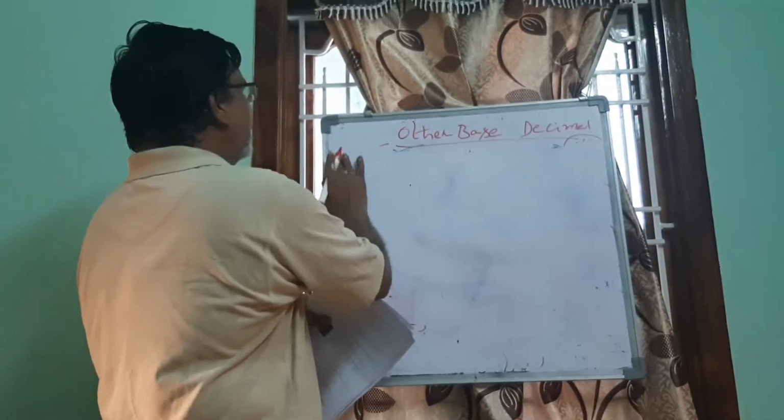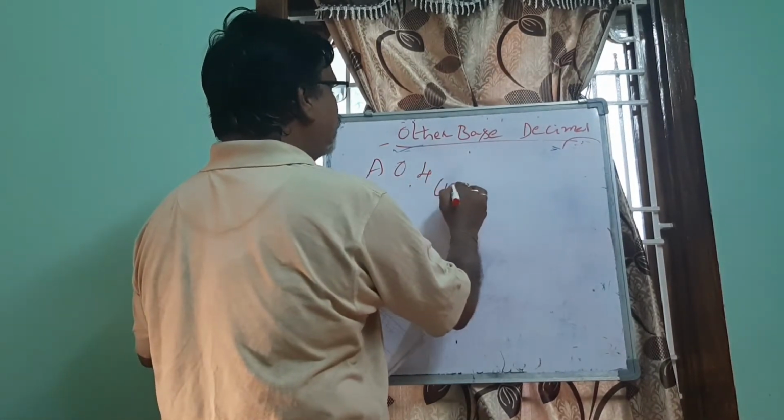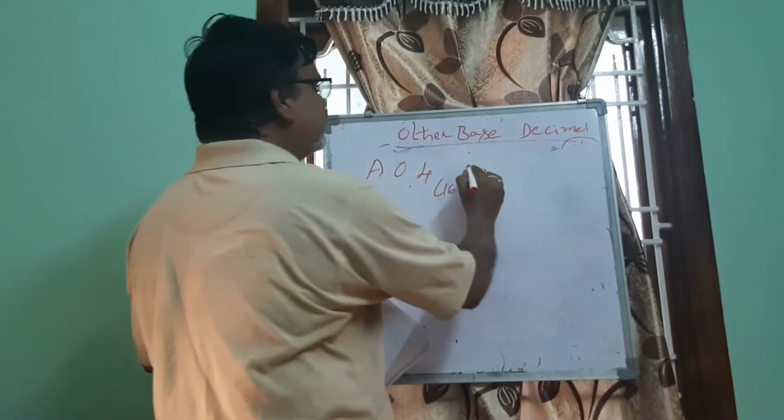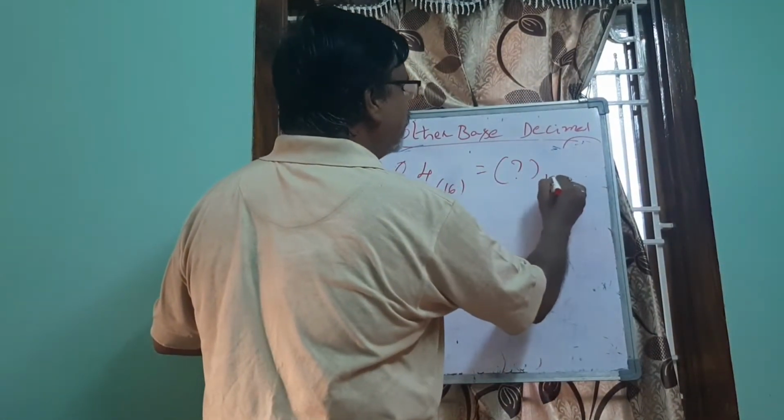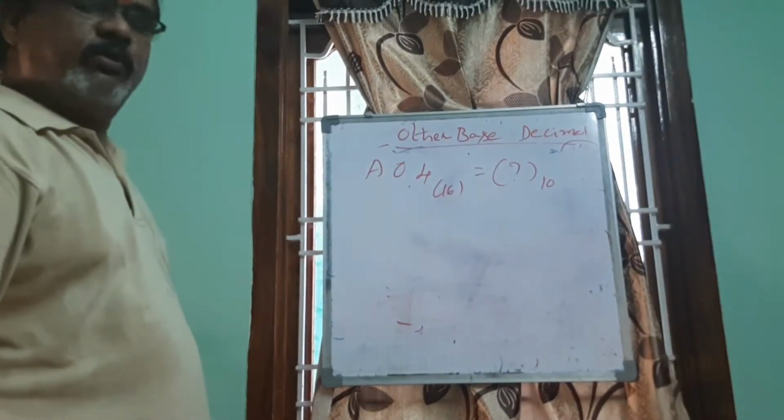So you take any hexadecimal number, A04 base 16 is equal to how much in base 10.